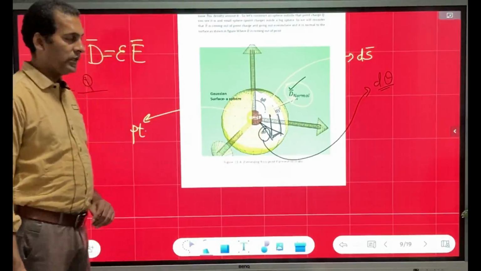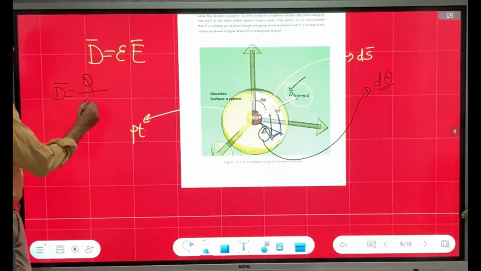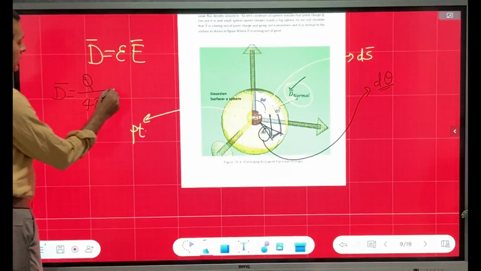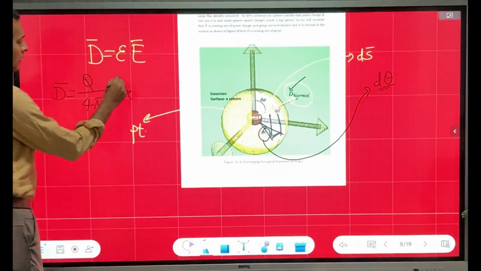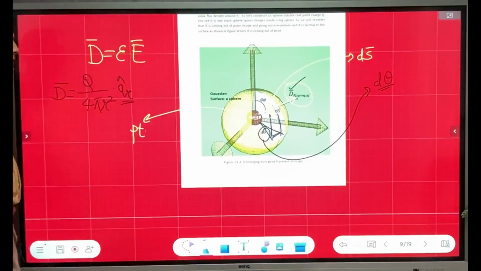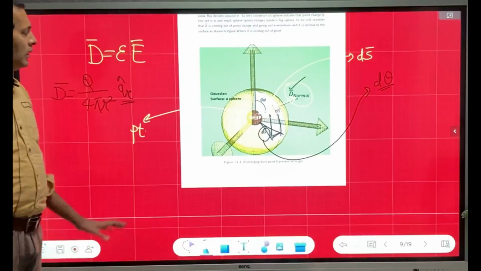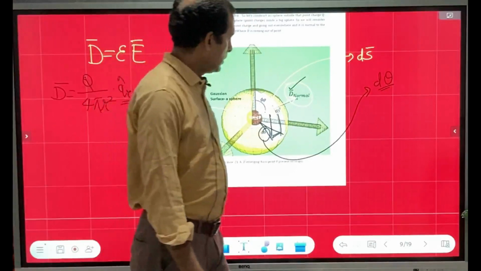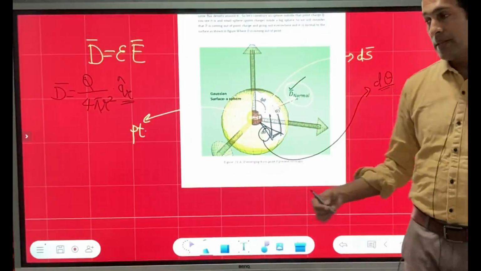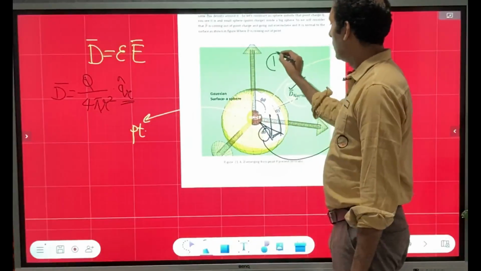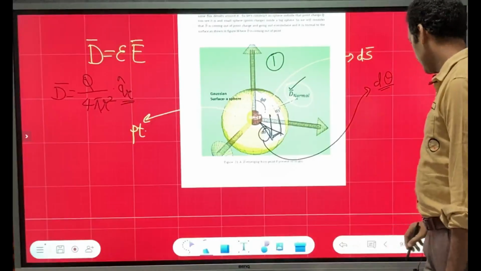The area for a point charge, whose surface is a sphere, is 4 pi r square, going in the radial direction, in the direction of the radius. So this is what we have. We have to just prove psi is equal to q. That is the first case of Gauss law application.